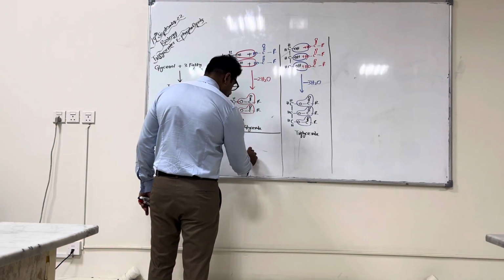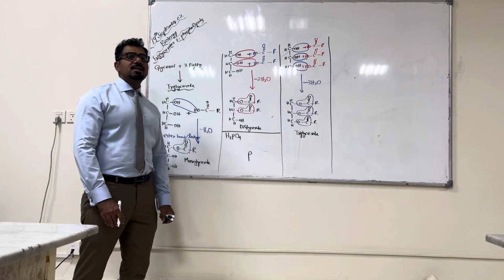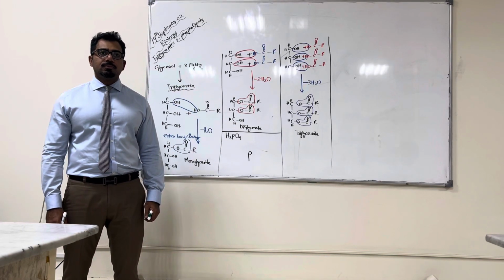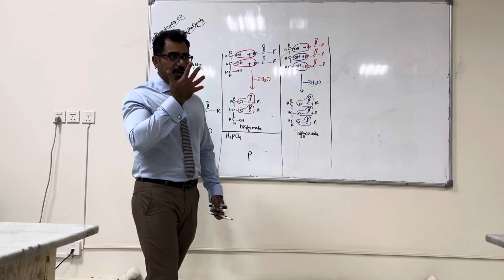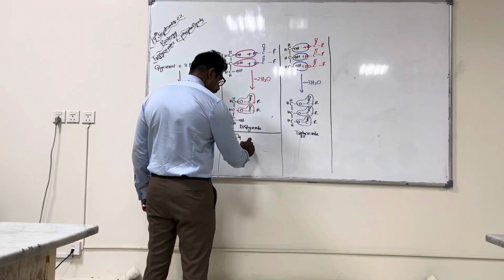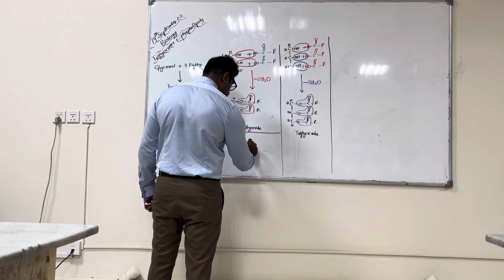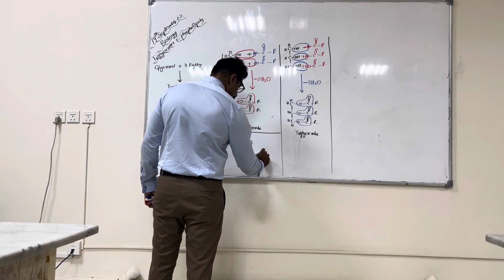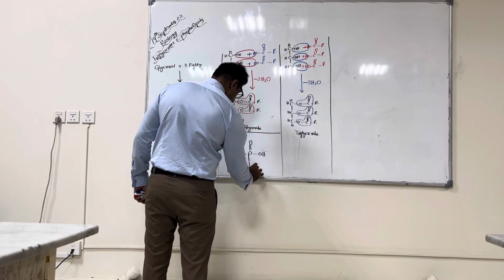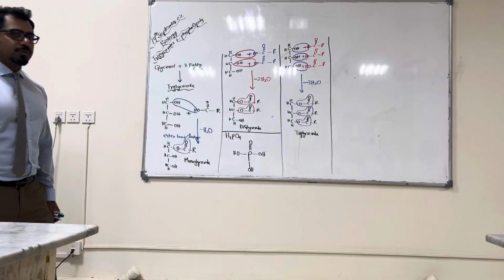Now P will come in the middle. Does anyone know the valency of phosphorus? 5. Now look here. This is the structural formula of phosphoric acid.